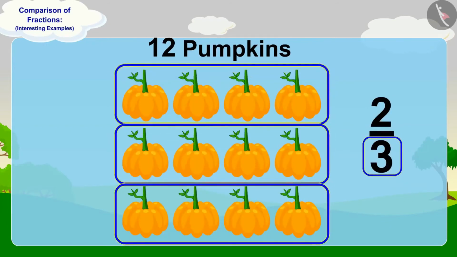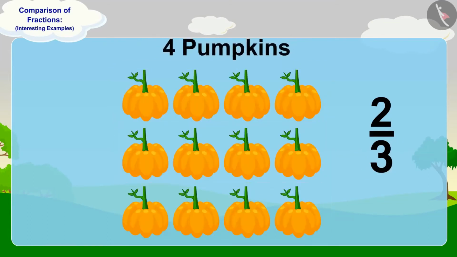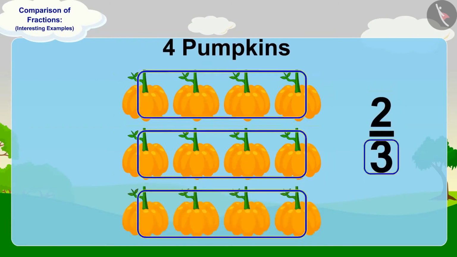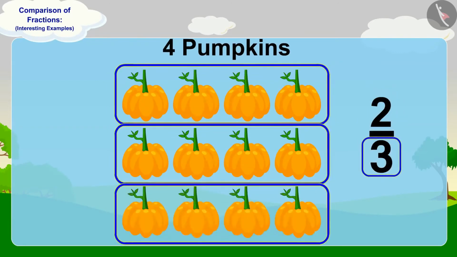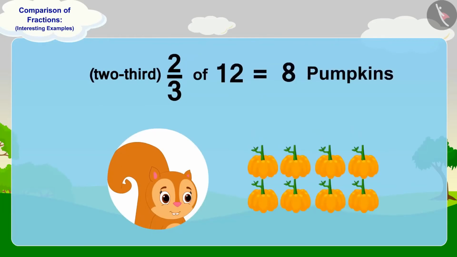In this way, there were 4 pumpkins in each part. Now, to find 2/3 parts, we have to take 2 parts out of these 3 equal parts. In this way, 2/3 of 12 pumpkins is 8 pumpkins.